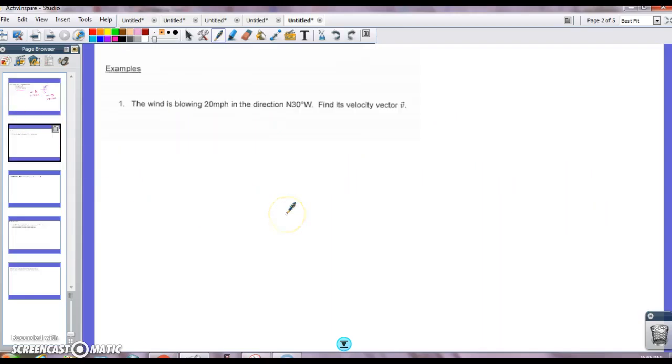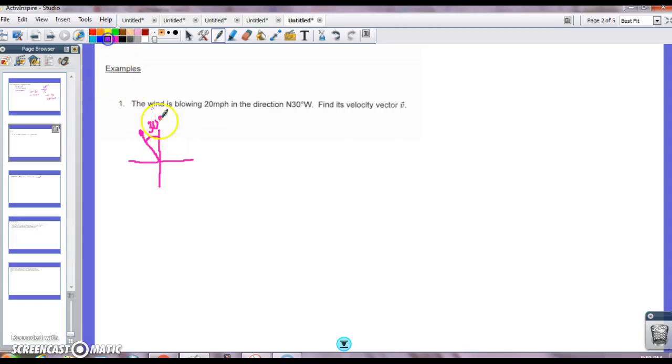So let's look at the first example. It says the wind is blowing 20 miles per hour in the direction north, 30 degrees west. We know how to do that angle, because we talked about bearings before. So if I were to draw that, here's my north-south line and then my east-west line. I'm north 30 degrees west, so this angle here is 30 degrees.